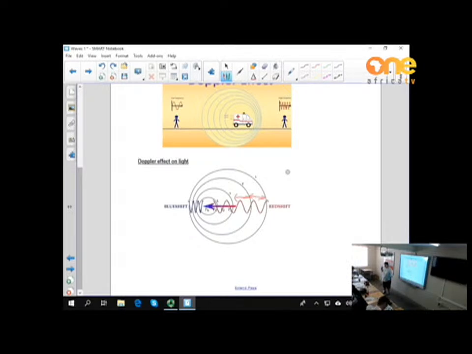I will see not white light, but red light. If the object giving off the light is traveling towards me, I will see a much shorter wavelength, which means a higher frequency. So I will see blue or violet light. Can you follow that? All right?